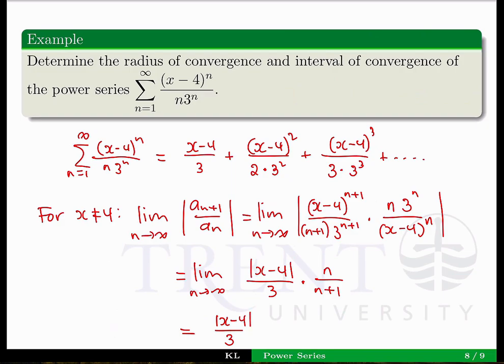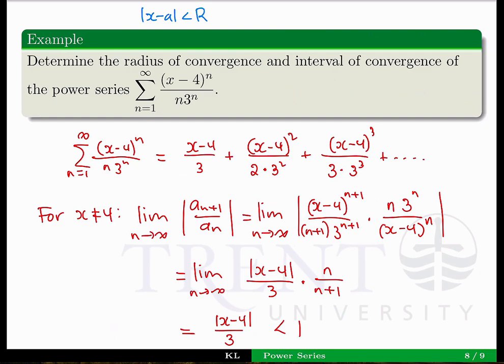And take note, if we want the power series to converge, we want this to be less than 1. And this is what I was saying earlier. We need the absolute value of x minus a to be less than some number r. In here, x minus a in absolute value is completely isolated.